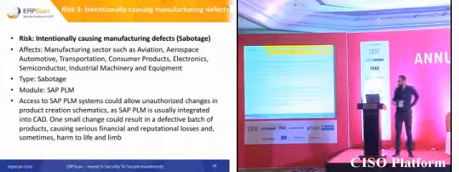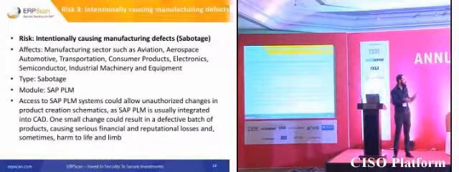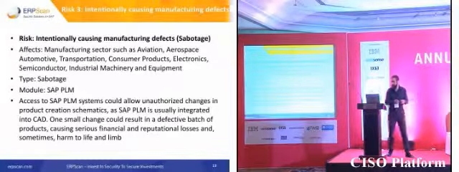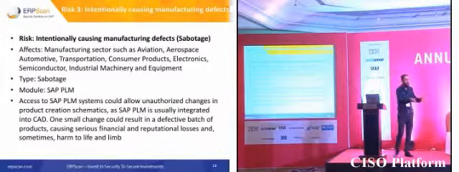The third example is intentionally causing manufacturing defects. SAP systems are not only enterprise resource planning; they can also be used for product lifecycle management, for CAD, and for developing documentation for manufacturing.